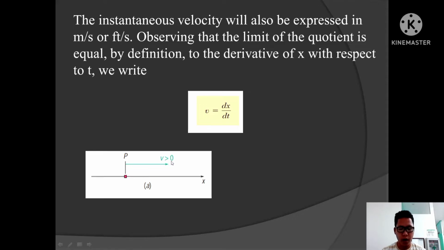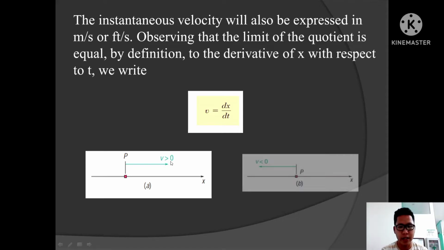Therefore v indicates that x increases, and the particle in this figure moves in the positive direction, in the x direction. Therefore, it is a positive value.